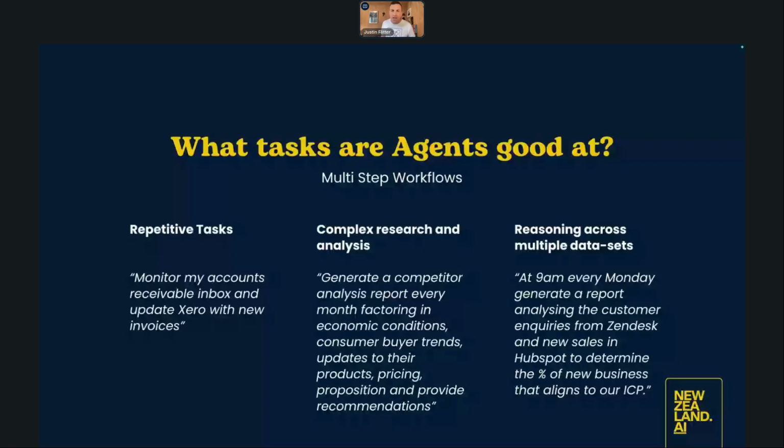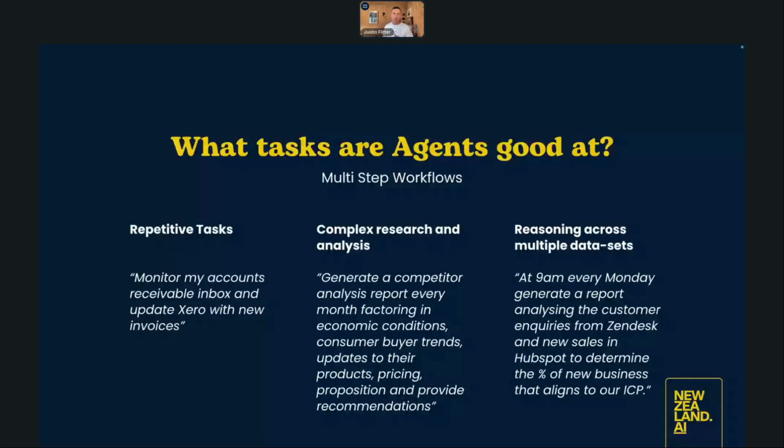Every Monday, generate a report analyzing the customer data inquiries from Zendesk or your help desk and new sales in HubSpot to determine what percentage of those are in our ideal customer profile, right? So is our marketing attracting the inquiries or the interest from people that are best matched to buy our products or services?